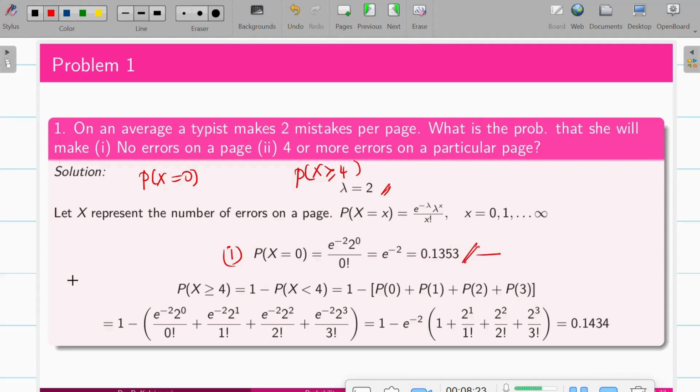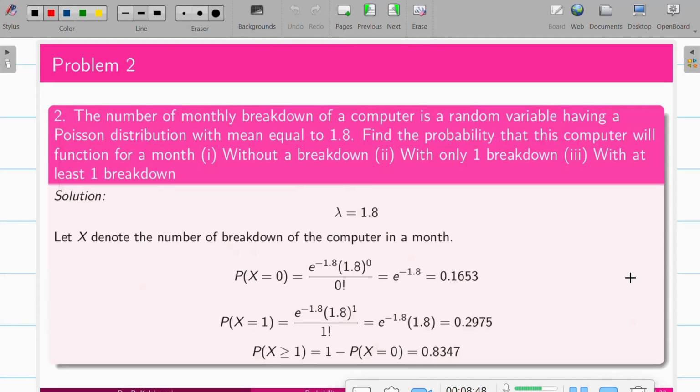And coming to the second question, 4 or more errors. As I discussed in the binomial distribution, you can write the probability of x greater than or equal to 4 as 1 minus the probability of x less than 4. So x less than 4 covers 0, 1, 2, 3. Make use of it, add them and subtract from 1. Finally, you'll get the probability of 4 or more errors on a particular page.